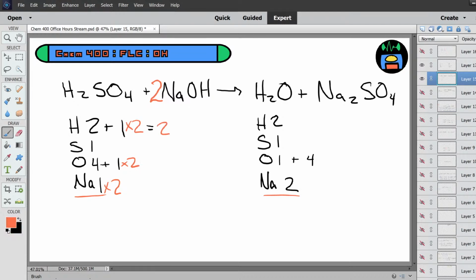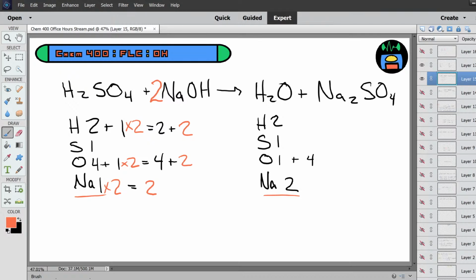So now I have 2 plus 2 hydrogens, right? 2 from sulfuric acid, 2 from sodium hydroxide. I have 4 plus 2 oxygens, and I have 2 atoms of sodium. So sodium is balanced.